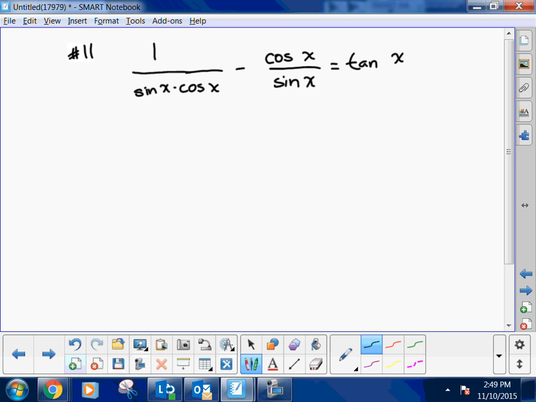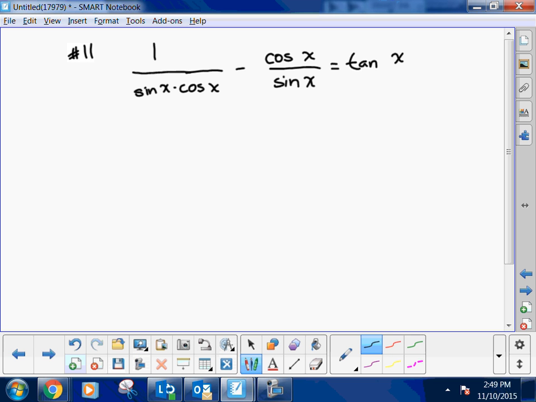The unique challenge on this one is that we're now dealing with fractions of trig. Currently this is all simplified for me. I need to start putting things back together. And the only way I can do that, when I have fractions, is to make sure I get a common denominator. In this case, you notice this denominator has sine and cosine.